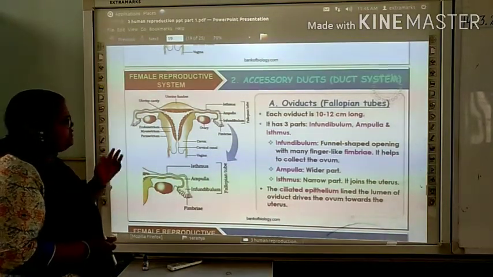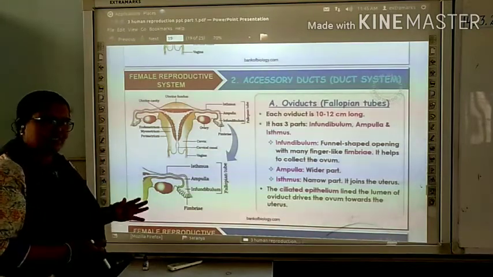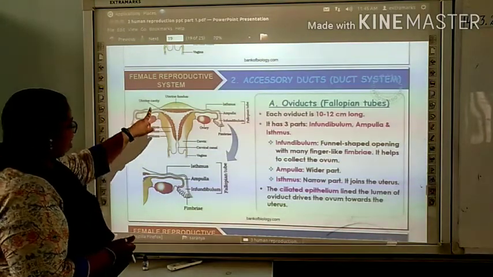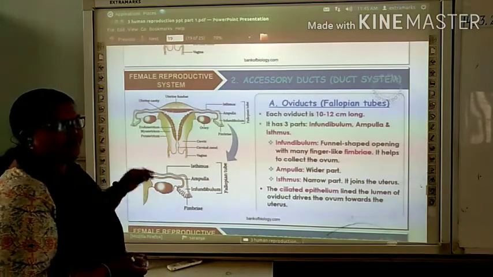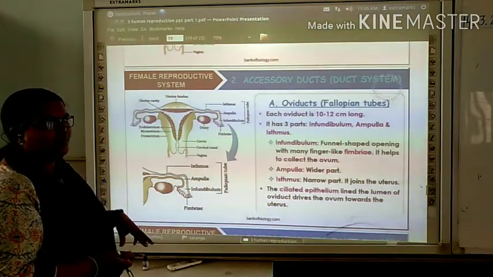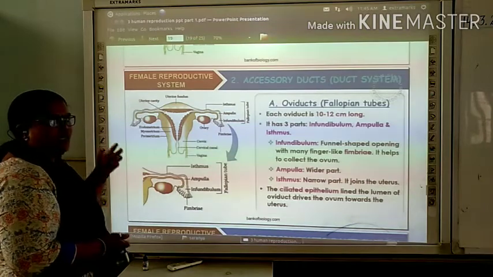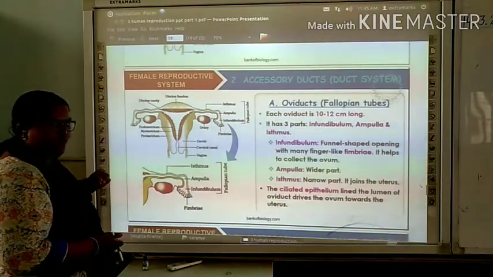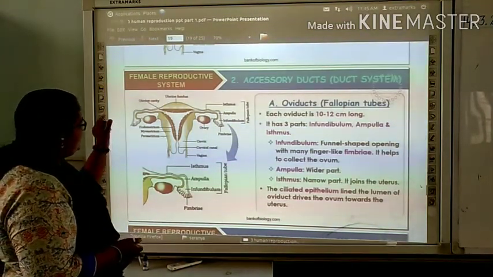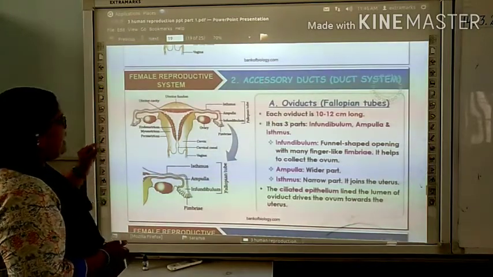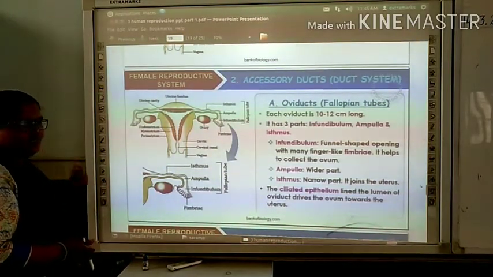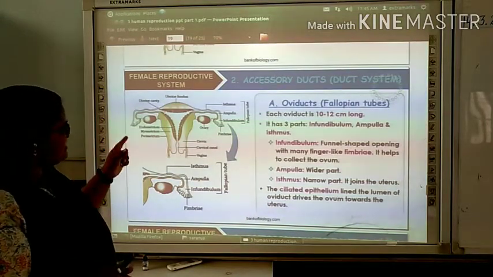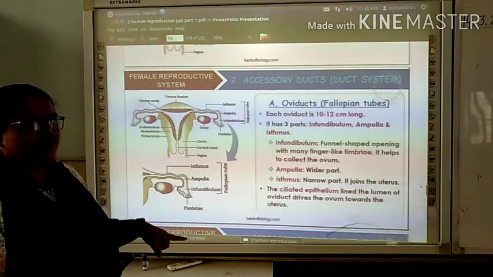We can even say four, but three is the correct one. The first part is the infundibulum, a funnel-shaped opening with finger-like projections called the fimbriae, which help in the collection of the ovum. This leads to the wider ampulla part, which leads to the narrower isthmus, which is joined to the uterus.